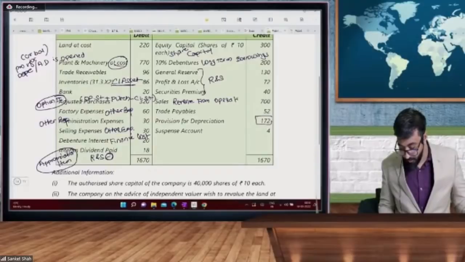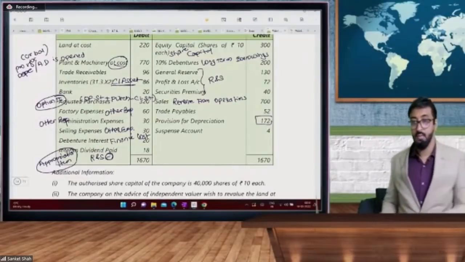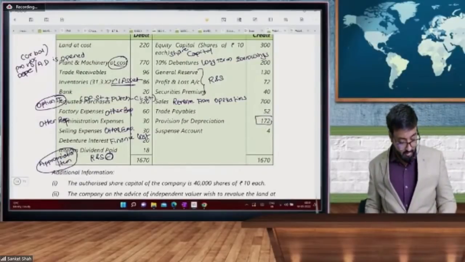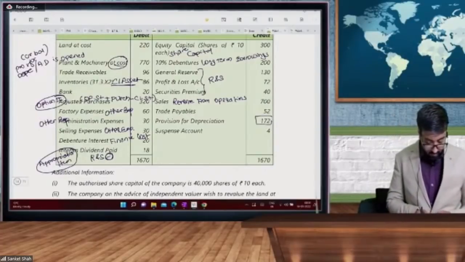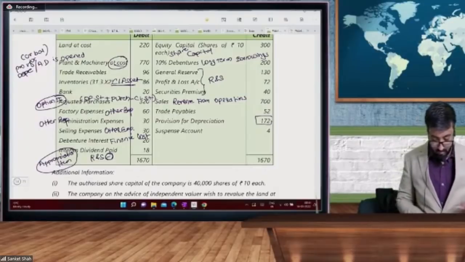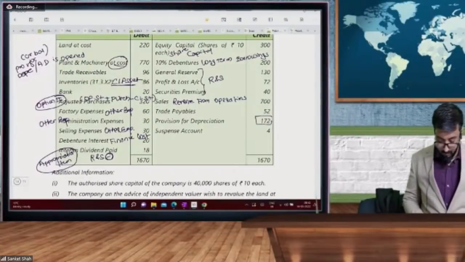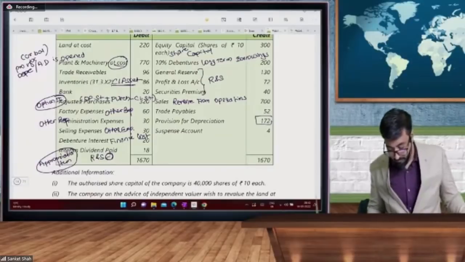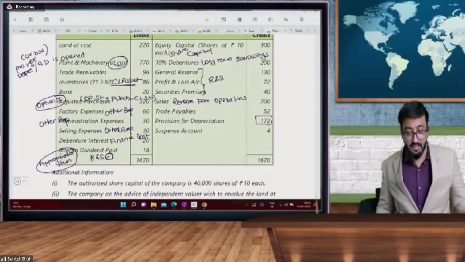It's revenue from operations, sales, trade payable, provision for depreciation 172, and suspense account 4.